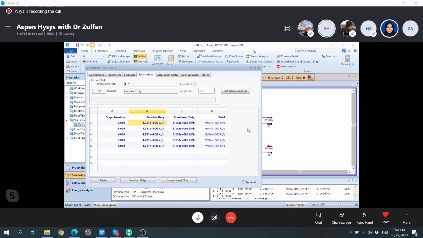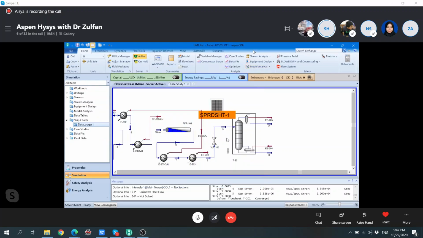In other cases, you might find that when you change the stage location, the reboiler duty and condenser duty will change drastically. But if you go back to the profile, we know that the feed composition is about 40%, and then about 10% of the 40 for DME and water, and 10%, 20% of the unreacted methanol.